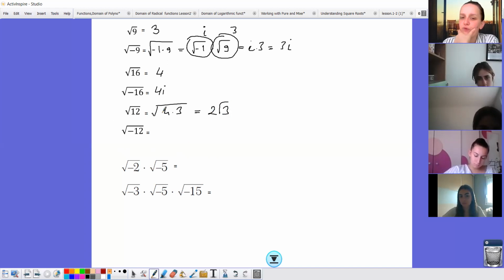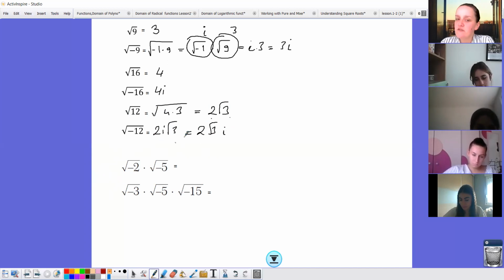So if root of 12 is 2 root 3, what will be root of -12? 2 root 3 i, or 2i root 3. It doesn't matter where you write the i, but to take out the minus, you write the i.